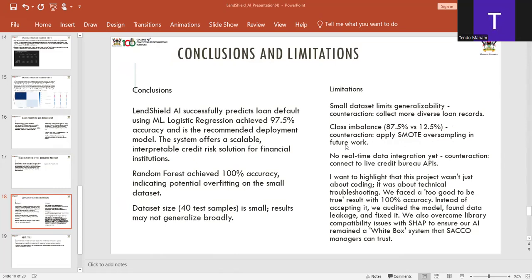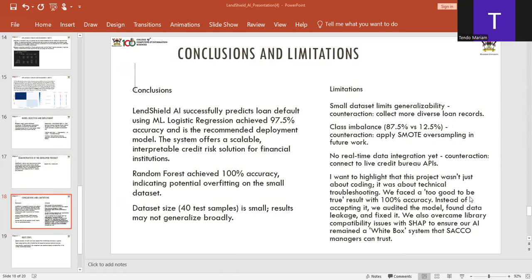I also had a class imbalance of 87.5% to 12.5%: 87.5% are those that were not defaulting, and 12.5% are those that were defaulting. This is imbalanced for a real-world setting because I collected few data samples.